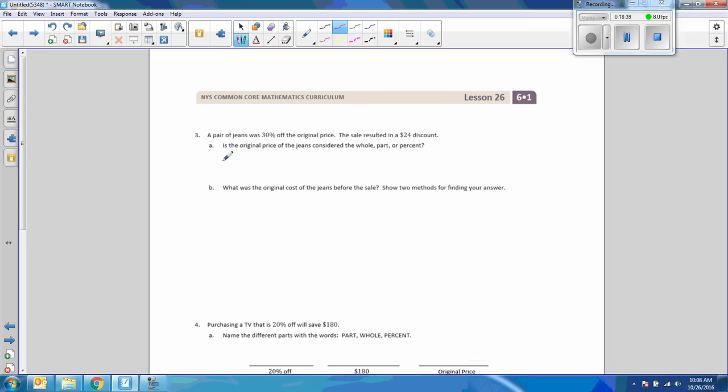Okay. So a pair of jeans was 30% off the original price. The sale resulted in a $24 discount. Is the original price of the jeans considered the whole, the part, or the percent? Well, again, there's the percent.